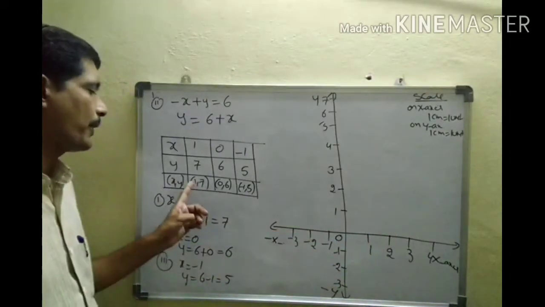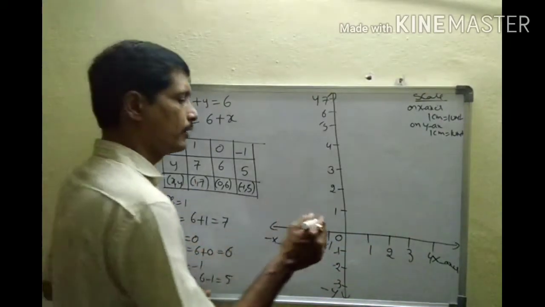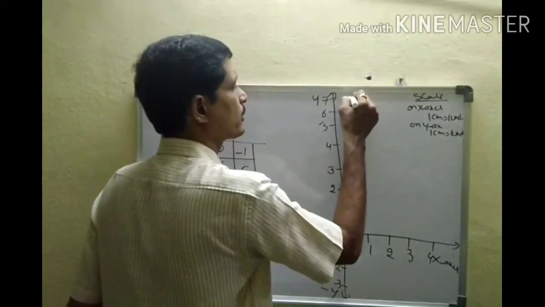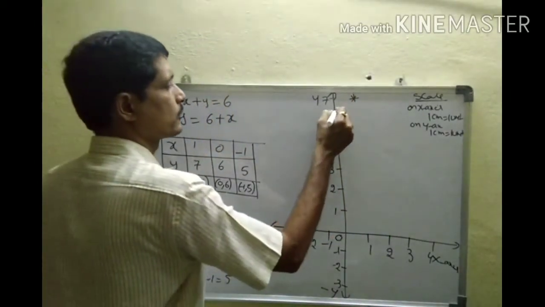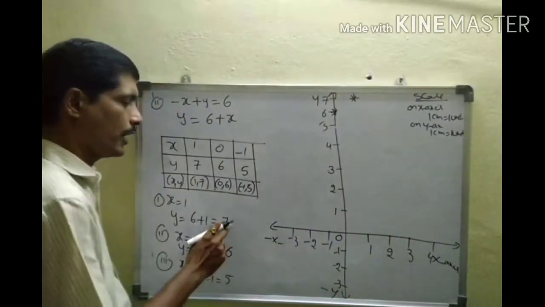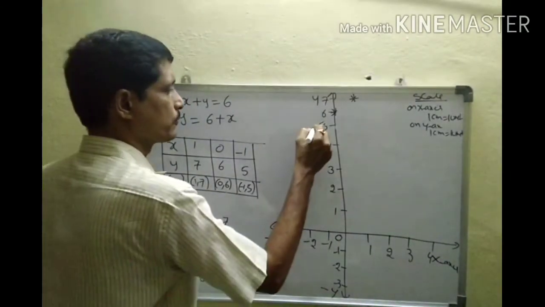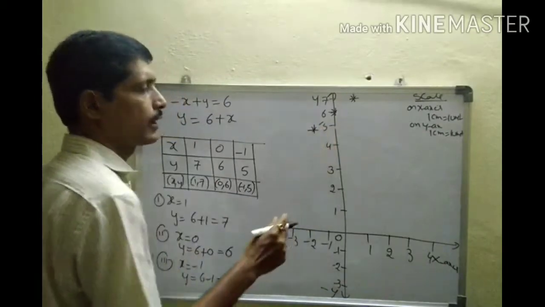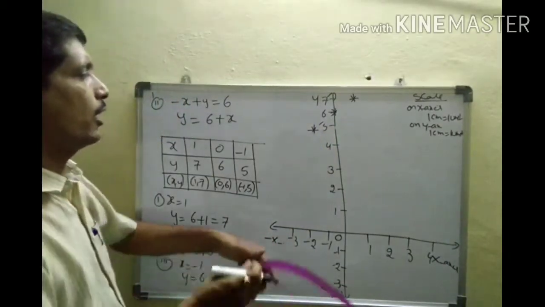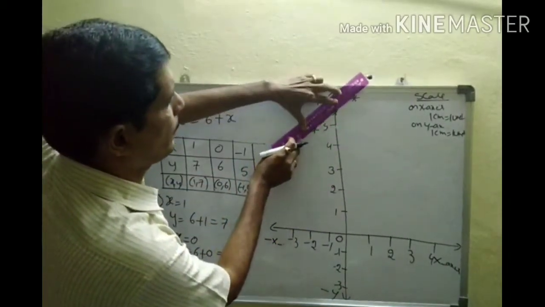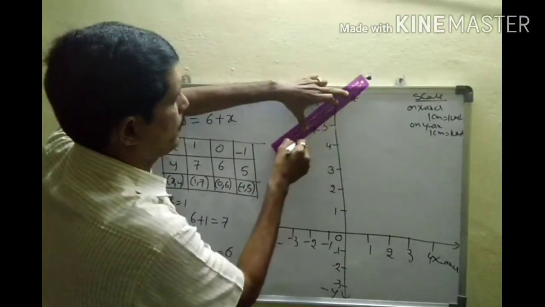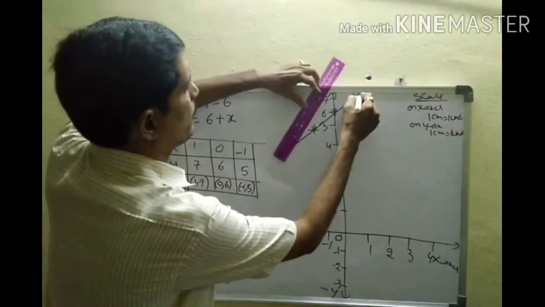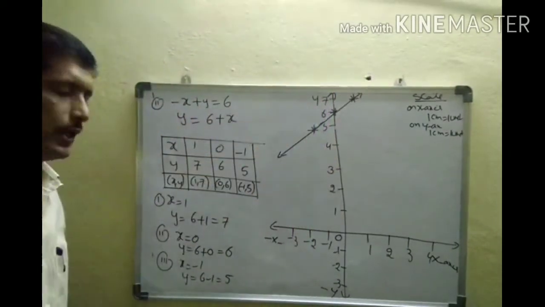Okay. Therefore, here first one is 1 comma 7. Next one is here 0, 6. Next one is here minus 1, that is 5. Join all these points. This is a straight line.